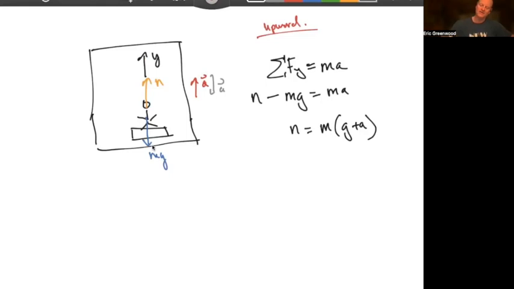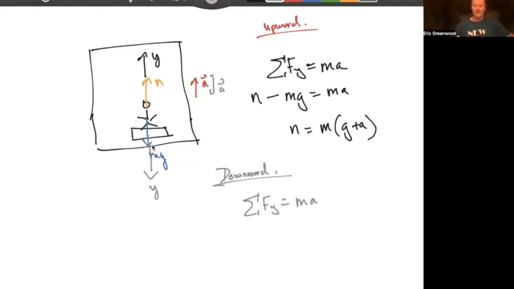Now in the downward case, since it's downward, I'm going to choose positive y to be downward. So the sum of the forces in the y direction is equal to ma, because again it is accelerating.